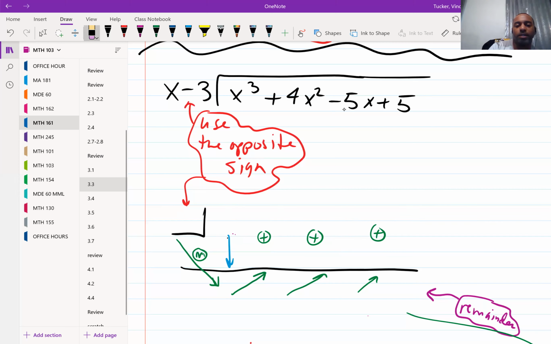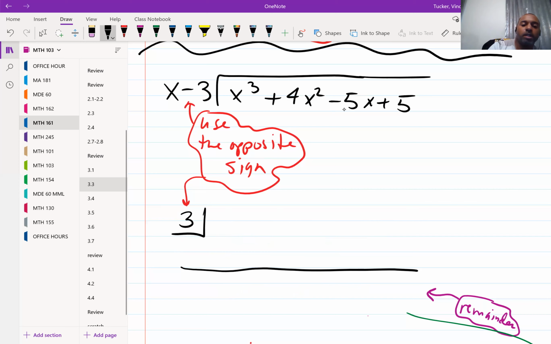I put those pluses and stuff there, I'll just go ahead and erase them. So this is how you start it off. You're going to use the opposite sign of what you have with your x minus 3 in that box. So that would be 3. And then you will use each one of your coefficients, 1, 4, -5, and 5.